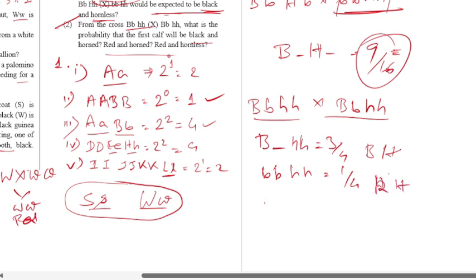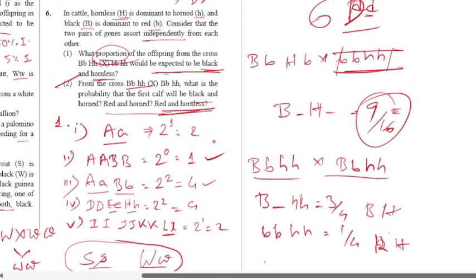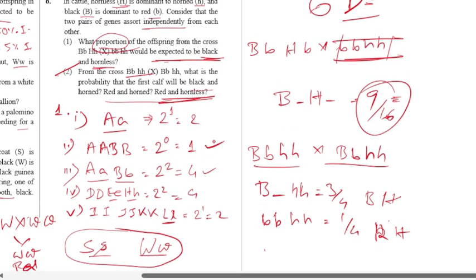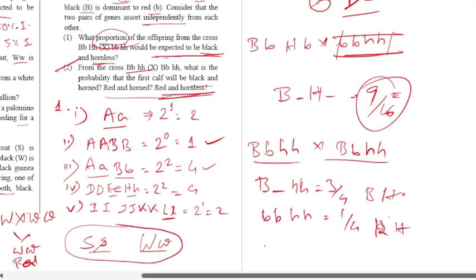And if we ask about red and horned, small h is horned, right? Yes, small h is horned. So these are black horned, and this is red horned. If they ask about red and hornless, this kind of phenotype will not be present, so red hornless will be 0.